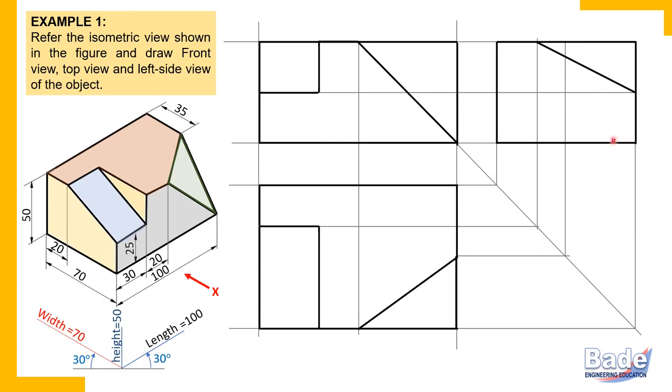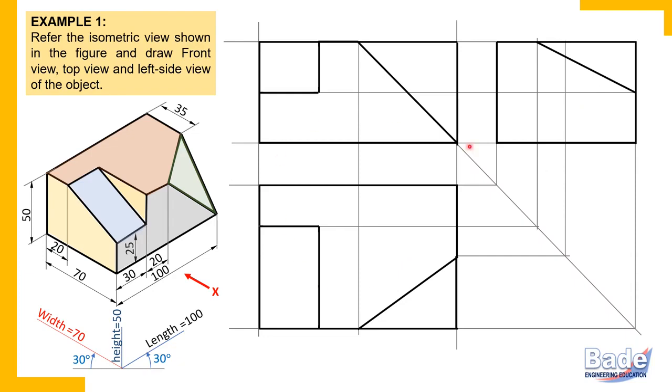So draw hidden line. So this line is hidden. In the side view it is hidden because observer is watching from left. So left side is visible, right side is hidden. And this edge is on the right side. So it is hidden. You never get hidden edges at boundary. But this line is not at boundary. You will have to check whether it is hidden or visible. And this edge is visible because it is nearest to the observer edge.